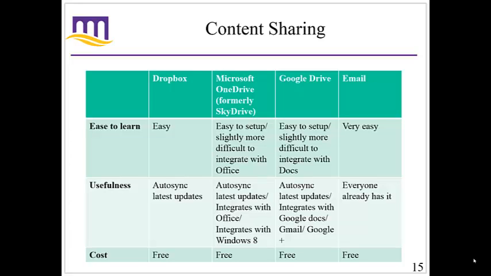And since we're doing a lot of work with Office in this class, you might find that integration useful. There's Google Drive. And this might be useful simply if you decide to use something like Google Hangout. Google Drive integrates with it, which can be very useful for you.